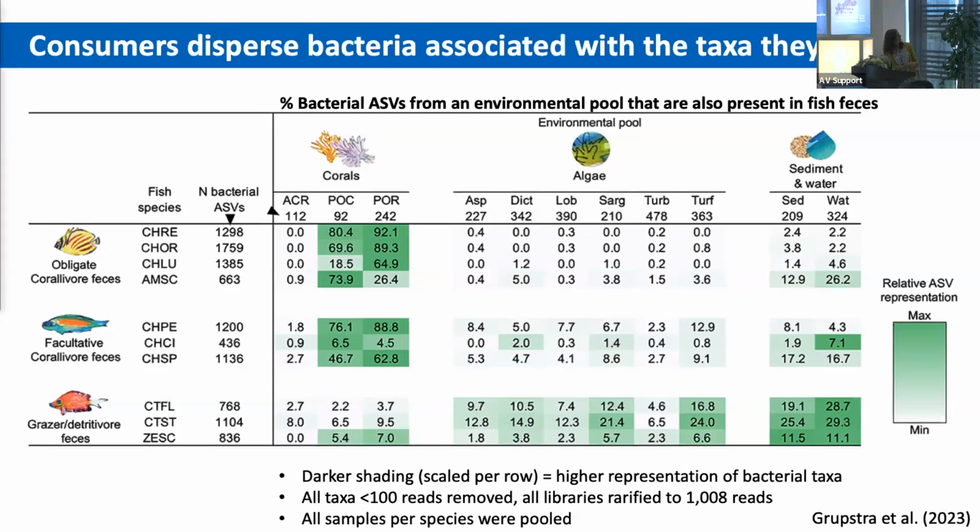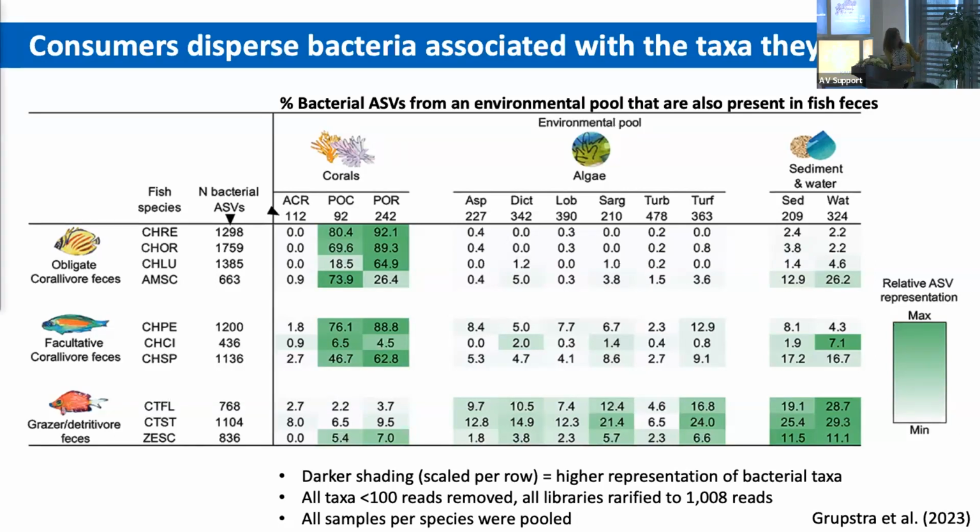So in terms of bacteria as well, we've got a lot of this dark green color in the coral eating fish feces. They have many of the kinds of bacteria that are present in corals, whereas these grazer detritivores have things that, while harder to see here, on these other screens you can see more green with the algae.